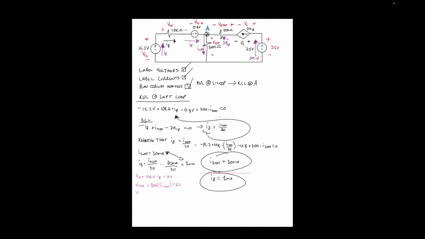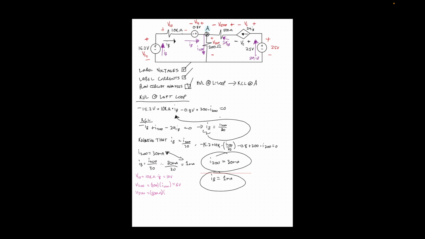My V500 will equal my 500 ohm multiplied. Actually, I want to take a little bit of time to explain what I'm doing here. I'm doing my Ohm's law still. However, I realize that the current being sent through here is multiplied by some factor called 29.